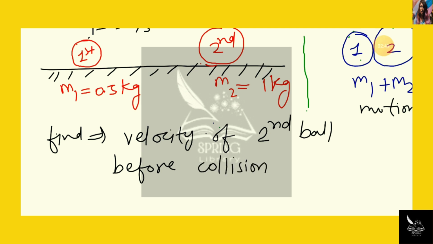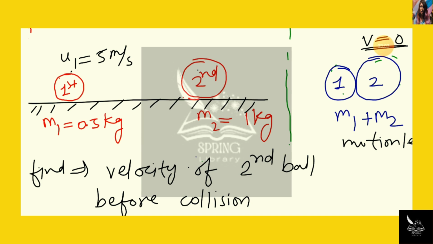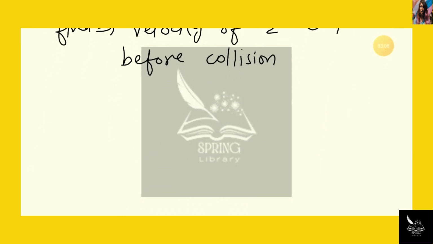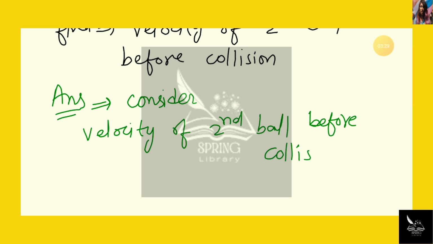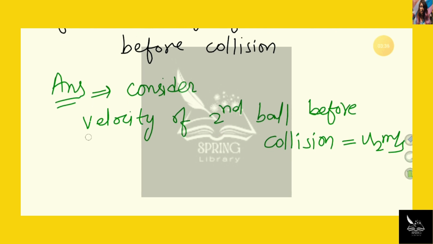So now let's start answering this question. In the answer, first I will consider the velocity of the second ball before collision as u2 meter per second, that is, the velocity or speed.